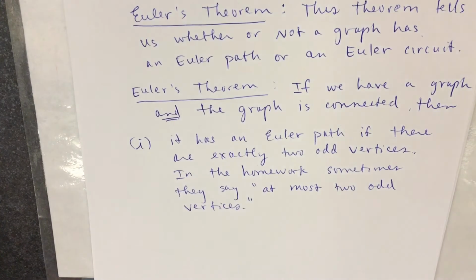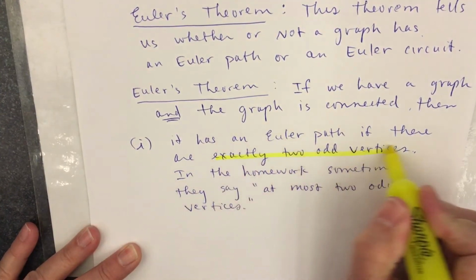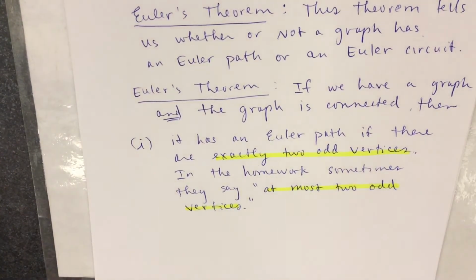And these two things, exactly two odd vertices, and at most two odd vertices, do they mean the exact same thing? No.